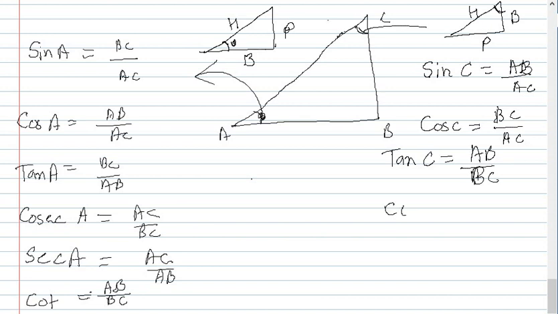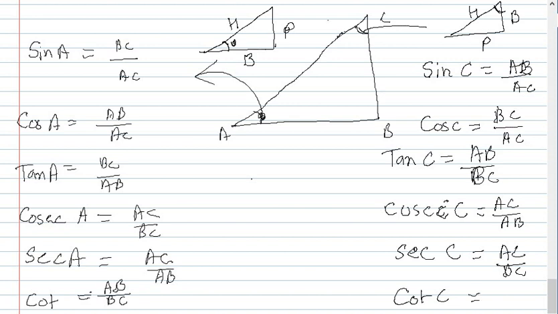Similarly, write other values. Cosec C is equal to AC upon AB. Sec C is equal to AC upon BC. Similarly, cot C is equal to opposite of tan, BC upon AB.